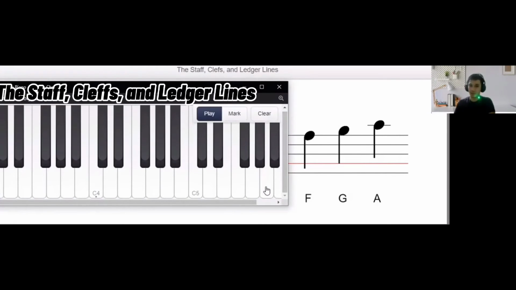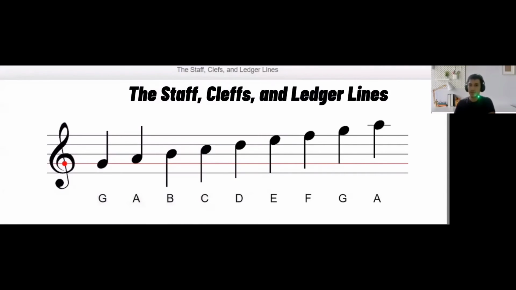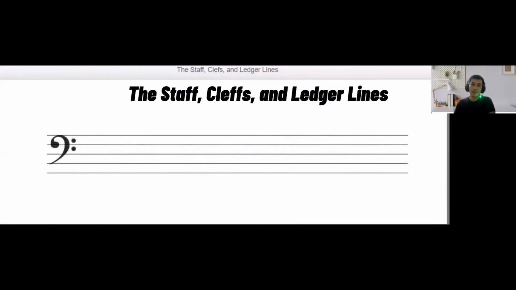As you notice, it comes with a higher sound. For the C4, we are talking about the middle C in our musical staff, but we'll talk about it later. So that is basically the ledger line.